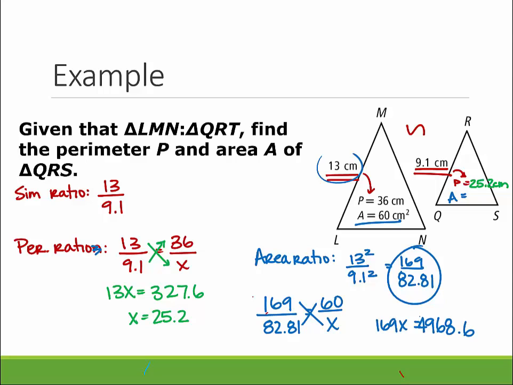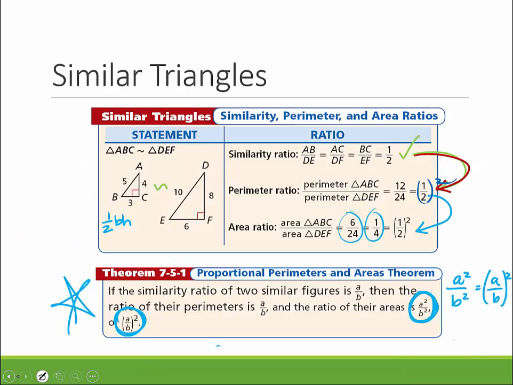And if we divide by 169, we get that the area is 29.4. Should be centimeters squared. So using this theorem here, we can figure out the perimeter of a triangle and the area of a triangle.